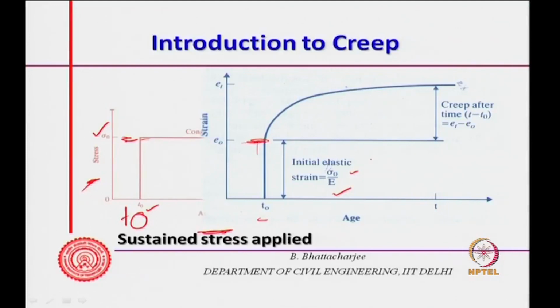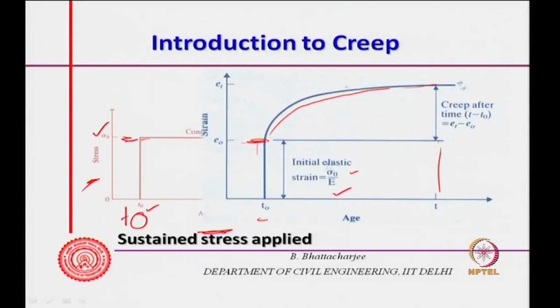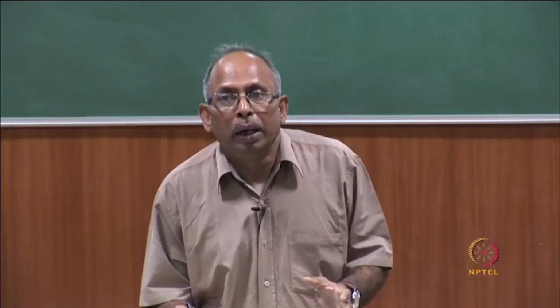And as the time progresses, you find there is some sort of deformation occurring, and at time t, you find some additional strain under the constant sigma 0 is observed.